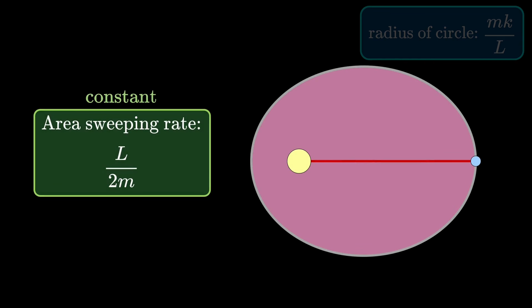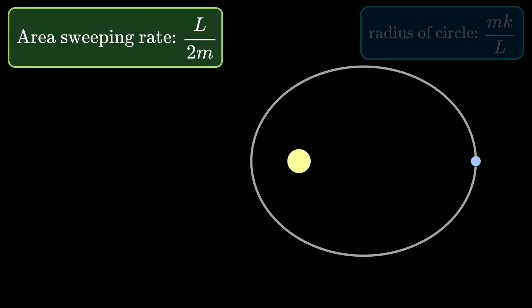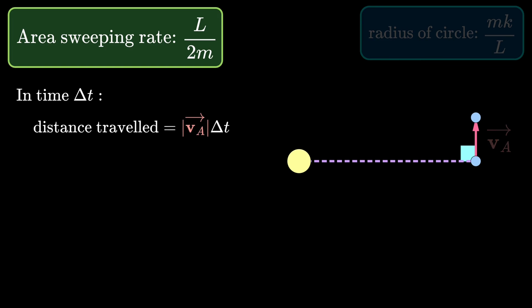In particular, let's consider the sweeping rate when the planet is the furthest away, also known as the aphelion. At this point, the velocity vector should be perpendicular to the line joining the star and the planet. Calling this vector VA, where A stands for aphelion, in a small period of time delta t, the planet traveled a distance of VA delta t.